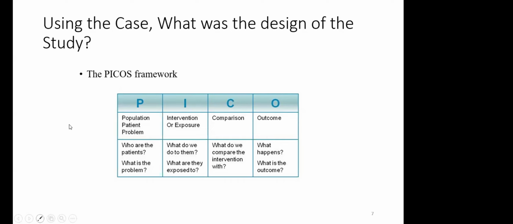And what was the primary outcome? What is the primary outcome?